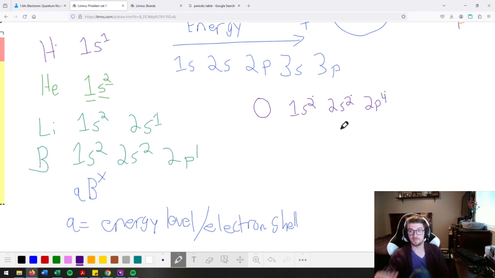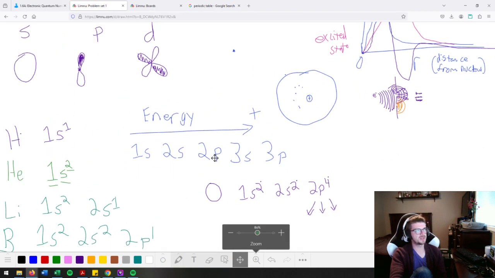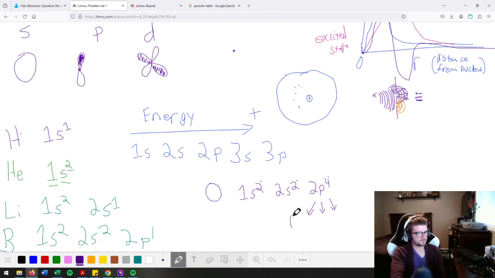Now, you may be wondering why I have put 4 electrons in the p orbital, because an orbital can only handle 2 electrons. That is because p orbitals have multiple orientations.